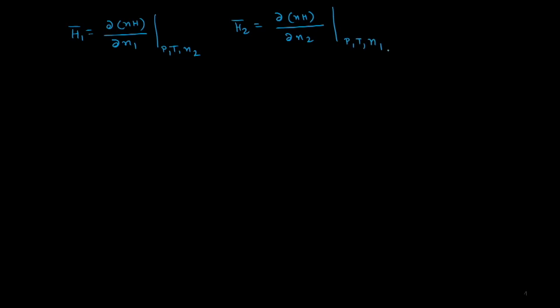I can define H1 bar. It would be the derivative of the total enthalpy over N1 when I hold temperature, pressure, and N2 constant. Similarly, H2 bar is going to be the derivative of the total enthalpy of the mixture over N2 when I hold temperature, pressure, and N1 constant, etc.